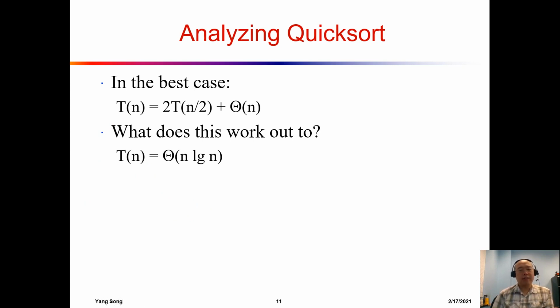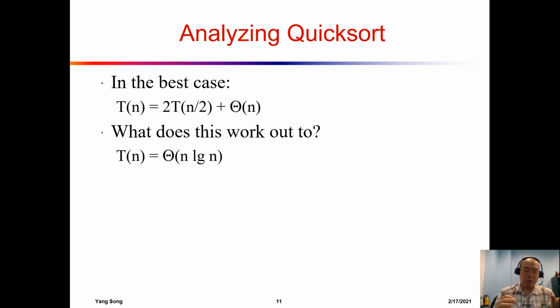The best case is also easy because we are doing divide and conquer, and somehow magically we are able to find the median every time when we do the partition. So every time we are dividing the problem into two problems of size n divided by 2.